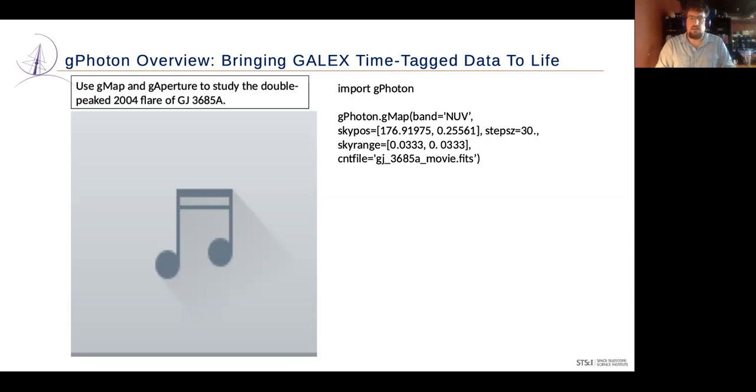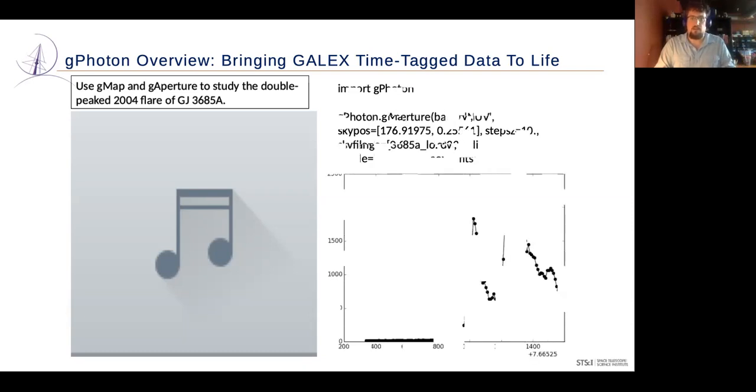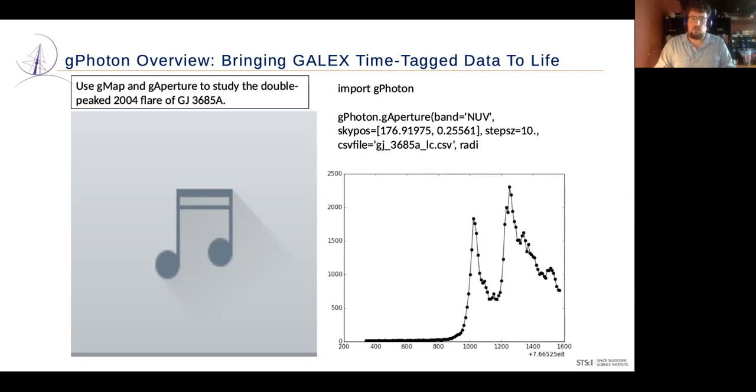So what you see on here is a command. It is a one-line command in Python plus the import that creates what you would have seen, which is a movie of half an hour of observation with 30-second time resolution that is calibrated, that you can do science from right away. And you can also then choose a point on the sky.